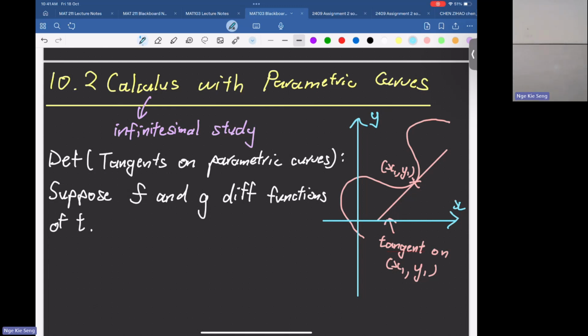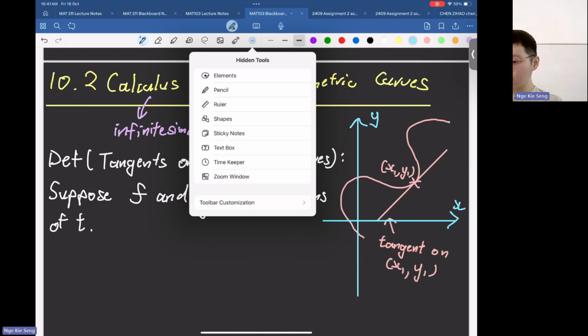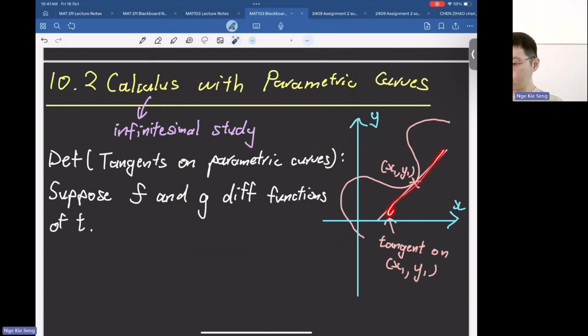So we can get the slope, or the gradient. What is the gradient? The gradient is dy dx. The gradient of this line is also the gradient for this point here. The gradient of this line equals the gradient of this point.